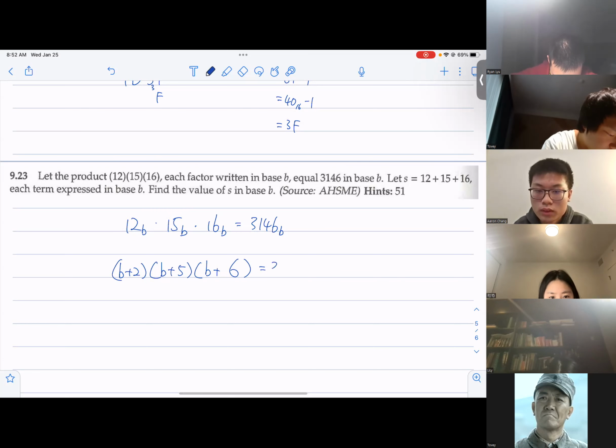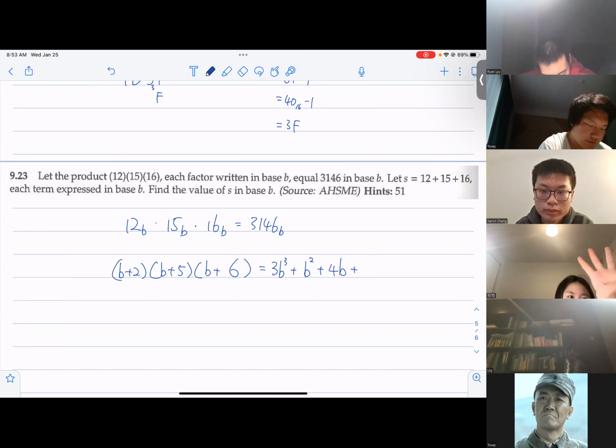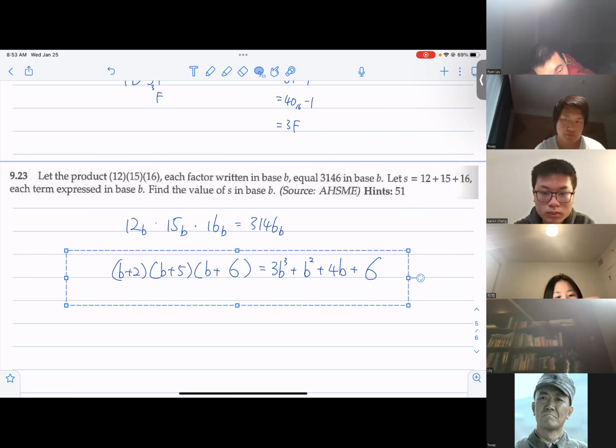So 3B cubed plus B squared plus 4B plus 6. 44, very good. Rika 已经找到44了，非常好啊。Rika 怎么做的呀？你是这么做的吗？差不多。Okay, good.